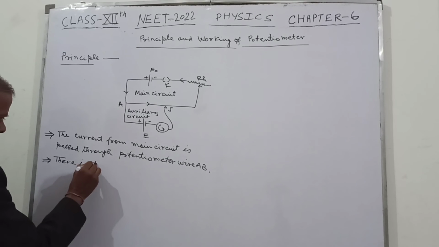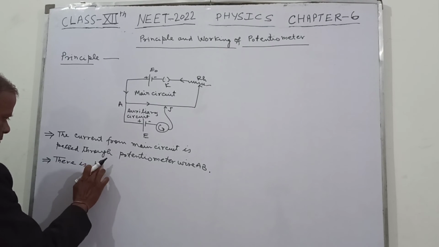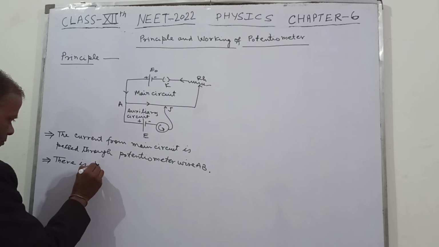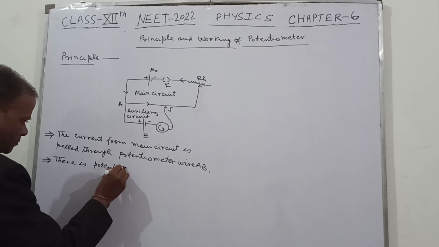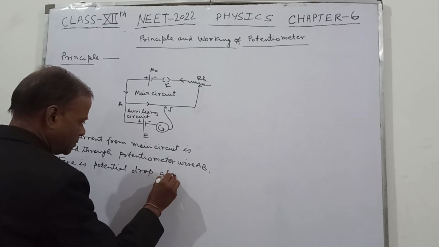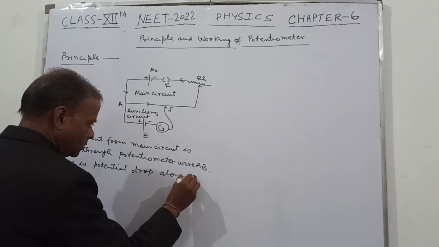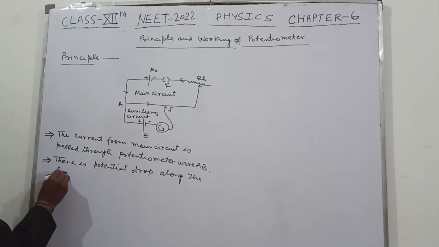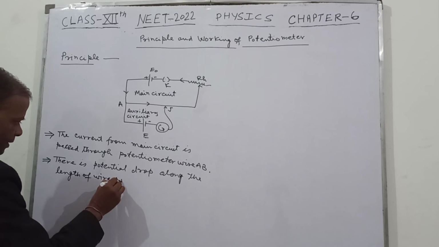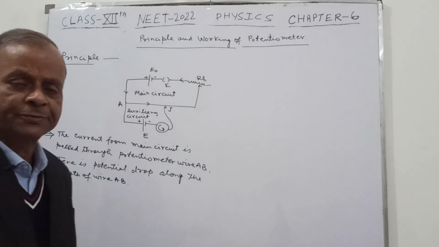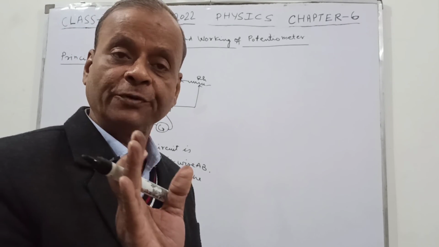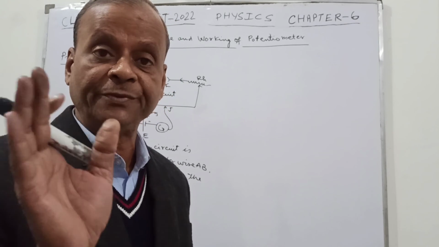There is a potential drop along the length of wire AB. So as soon as we flow current in it, there is a potential drop in wire AB. It means that the potential at point A is maximum and the potential at point B is minimum.